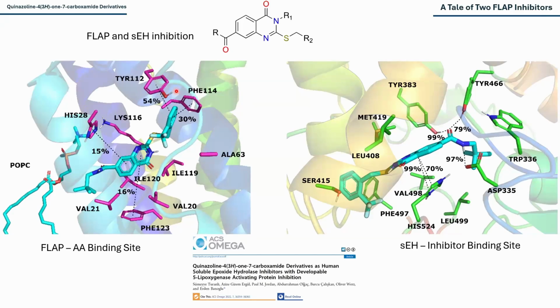In this way, we developed dually acting soluble epoxide hydrolase and 5-lipoxygenase activating protein inhibitors. And these quinazoline ring containing structures were able to block the path from 2 different locations. This study is also published in ACS Omega.